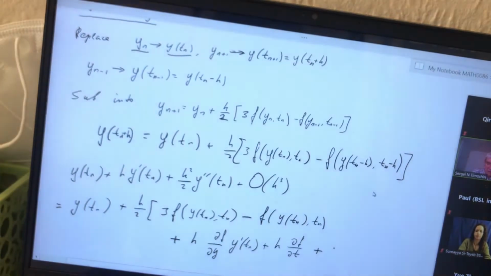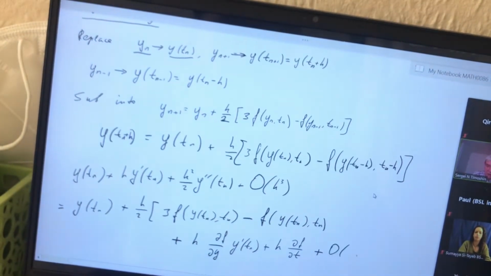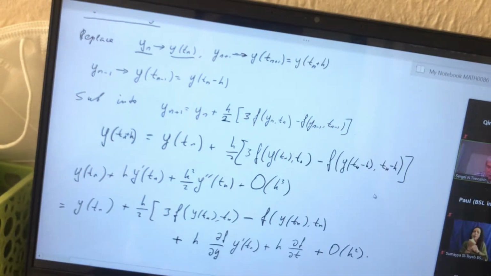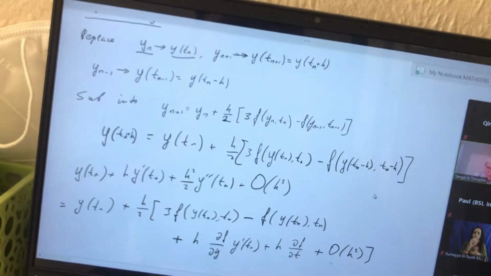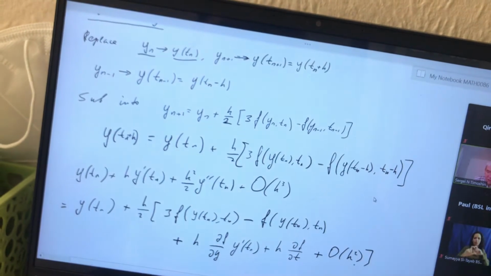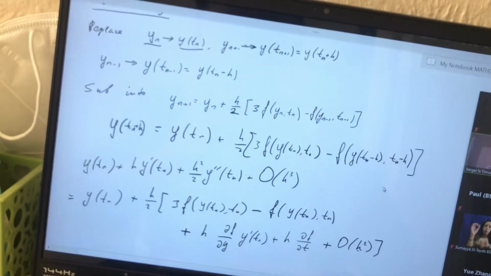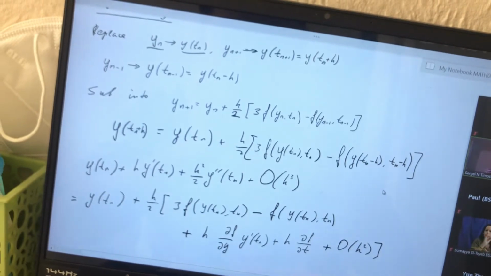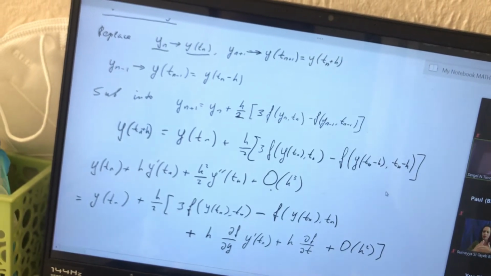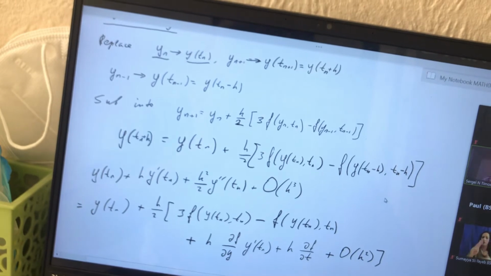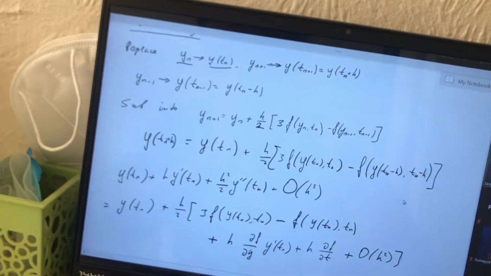In this expansion, I'm making an error of order h squared, and let's stop for a minute and think, is this enough, or do I need to continue this expansion to higher orders? Probably not, because order h squared multiplied by h will be order h cubed, the same as the truncation error I made on the left.